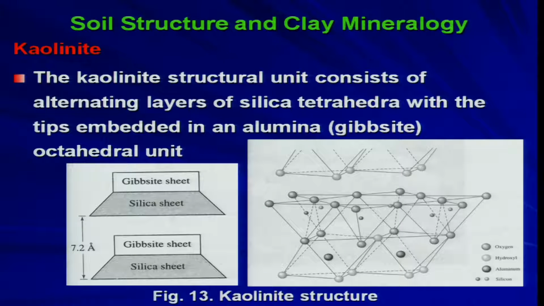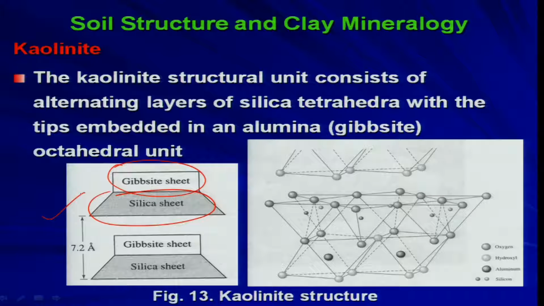If you look at this structure, as we just discussed, you have one silica unit here and one gibbsite sheet. These two sheets basically will form the kaolinite structure. Similarly, at the bottom you have the gibbsite sheet and silica sheet, and so on, and all the sheets will be stacked together to form the kaolinite structure. This is the symbolic representation for the kaolinite structure.